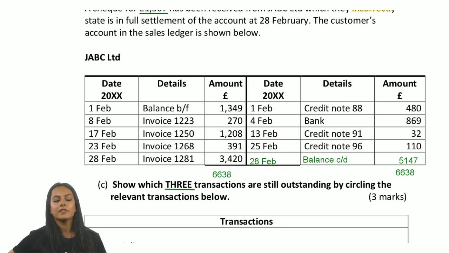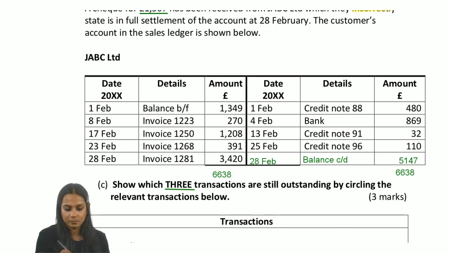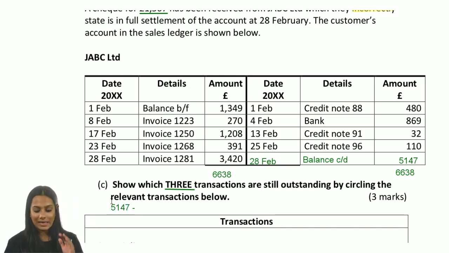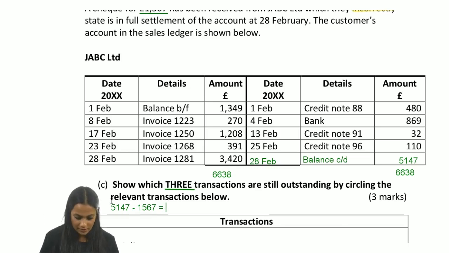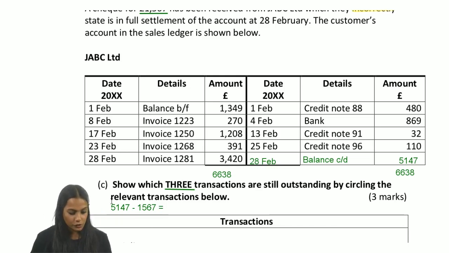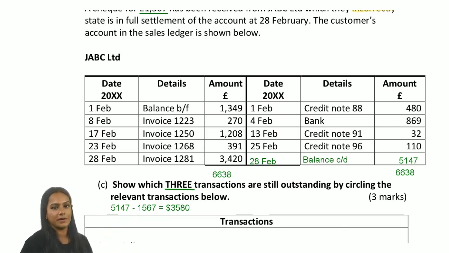How would I find out the amount that is outstanding as at the 28th of February? First of all, let's find out how much they owe me after the amount they've paid. 5147 is the amount they owe me as at the 28th of Feb. Then they paid me £15.67. So if I do 5147 take away 1567, I've got 3580. So the amount outstanding is 3580.